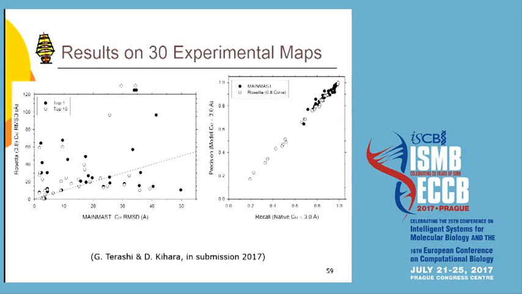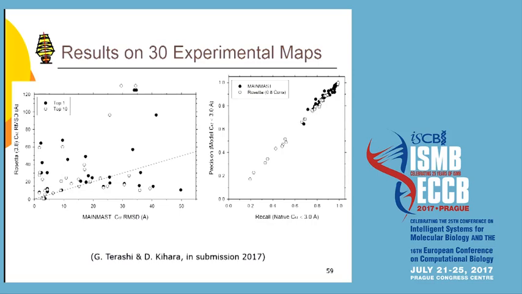Now, this is the results on the experimental map. This is 30 experimental maps. Again, we only compared with Rosetta. The x-axis is the RMSD of MAINMAST, the y-axis is from Rosetta. If the points are above this line, that means that MAINMAST is doing well.